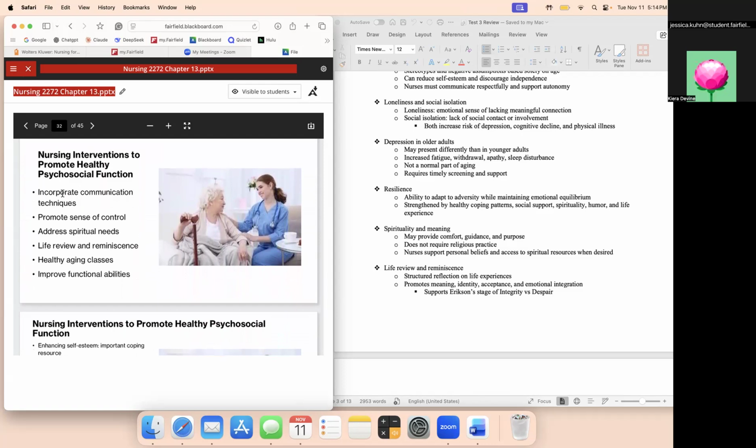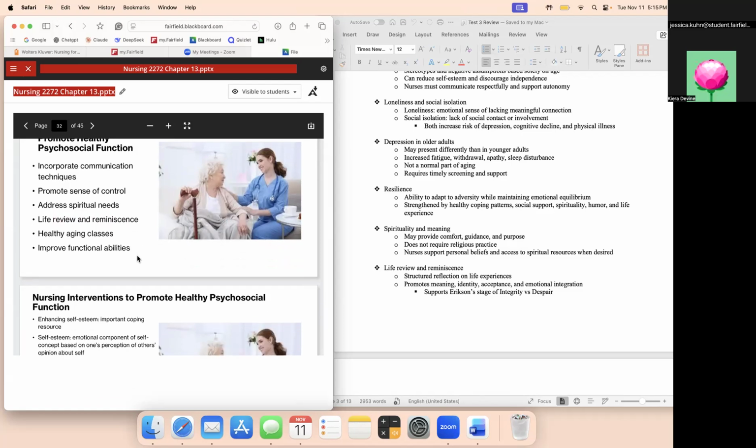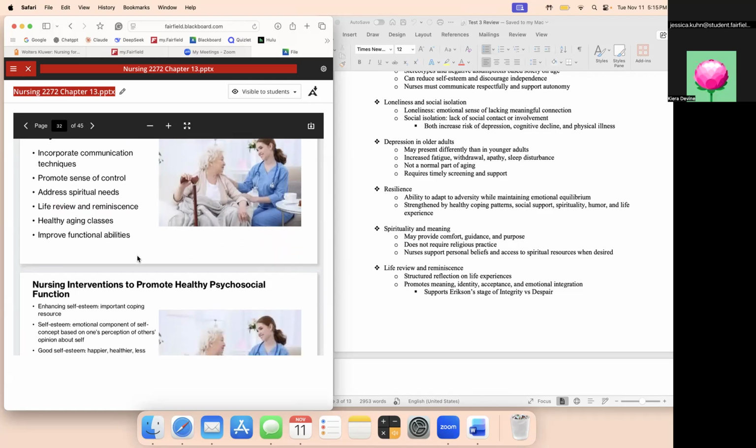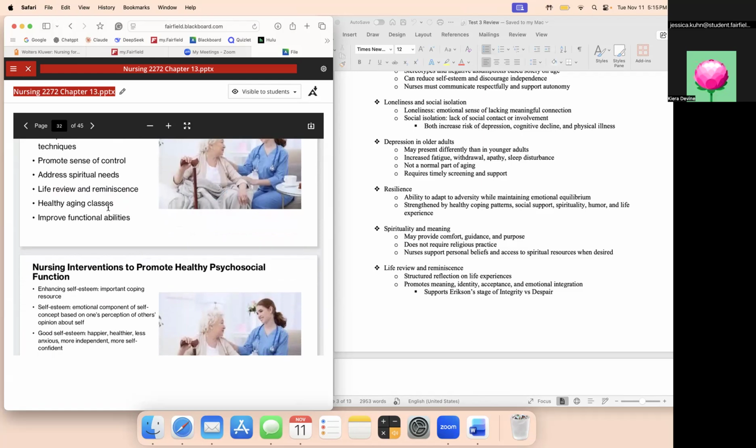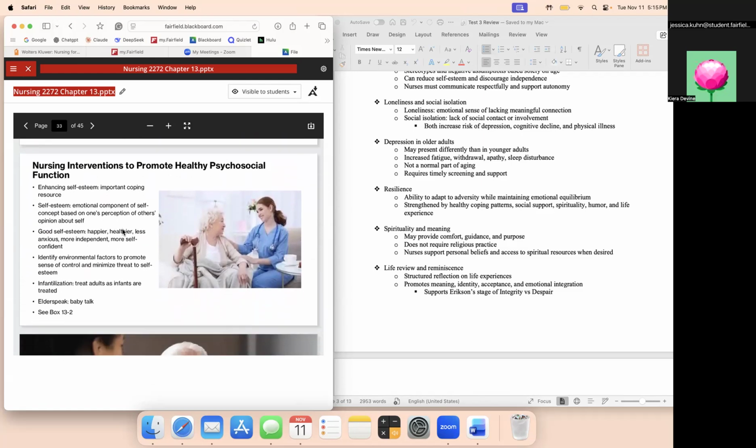The interventions that help promote healthy psychosocial functioning are to incorporate communication techniques, promote a sense of control, address spiritual needs, and make sure you're reviewing their life and reminiscence. They just love to talk about things that they've been through and what advice they can pass on to the next generation, healthy aging classes, and improved functional abilities.